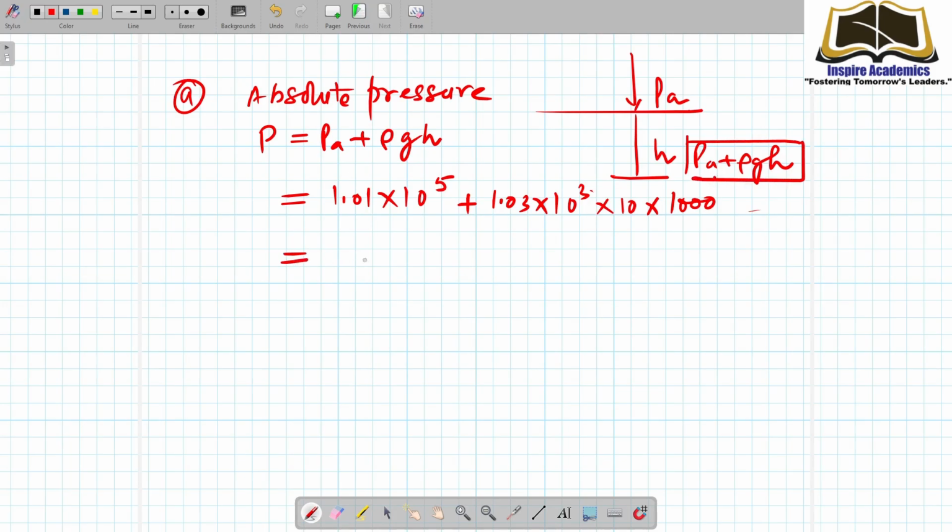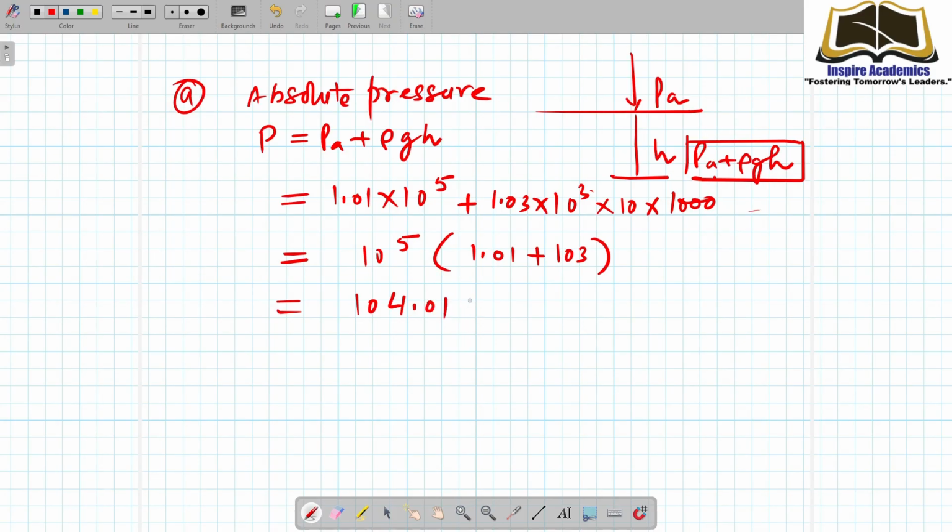So how much will this become? 10 to the power 5 you can take as common, and then you will get 1.01 plus 103, so it's going to be 104.01.